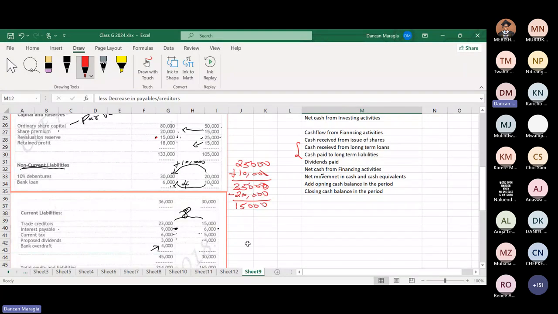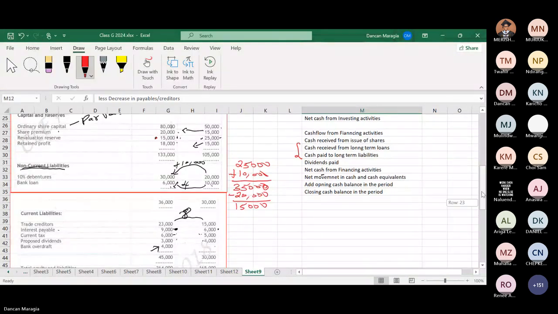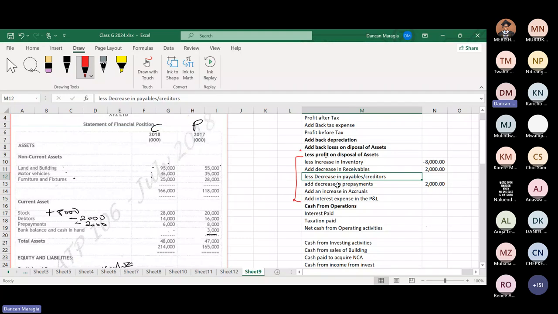So when creditors increase, what do we do? Have we brought in more money from creditors or have we paid? Brought in more money, so it's a cash inflow, correct? Yes. An increase in payables of 8,000.